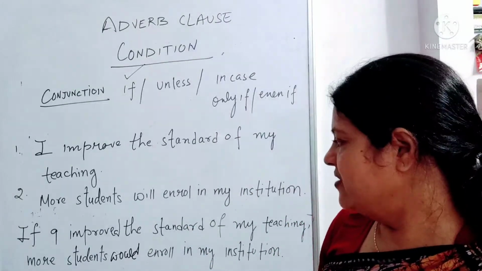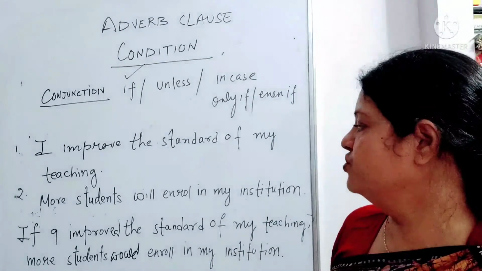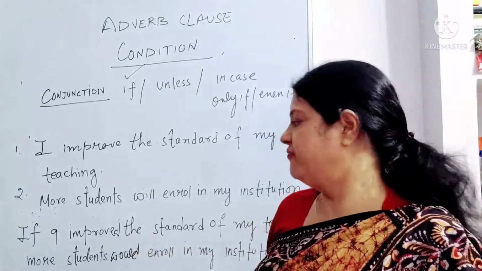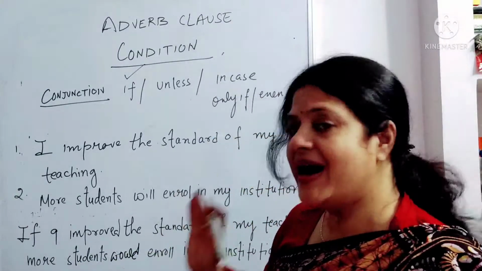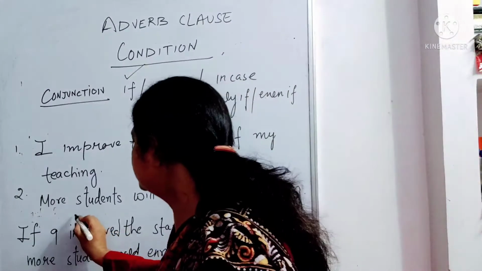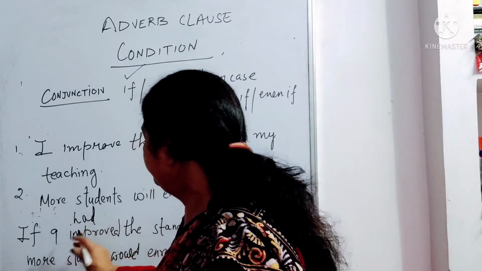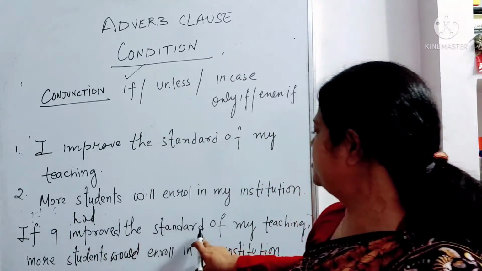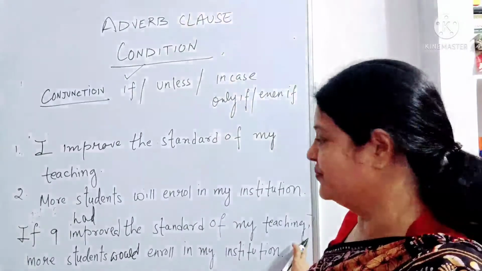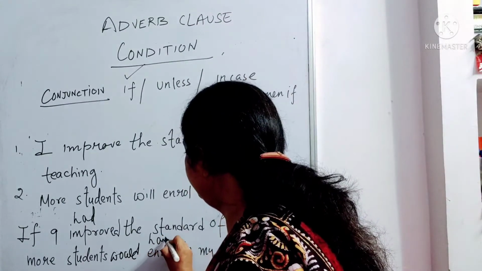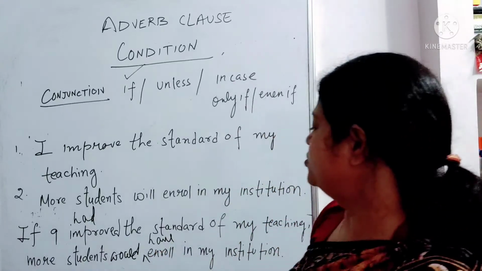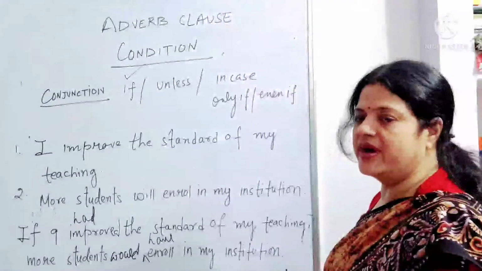Now, if I write it like this by using past perfect instead of past indefinite: if I had improved the standard of my teaching, more students would have enrolled in my institution.